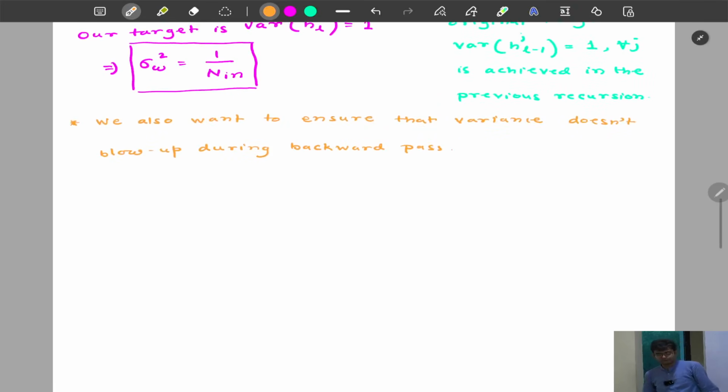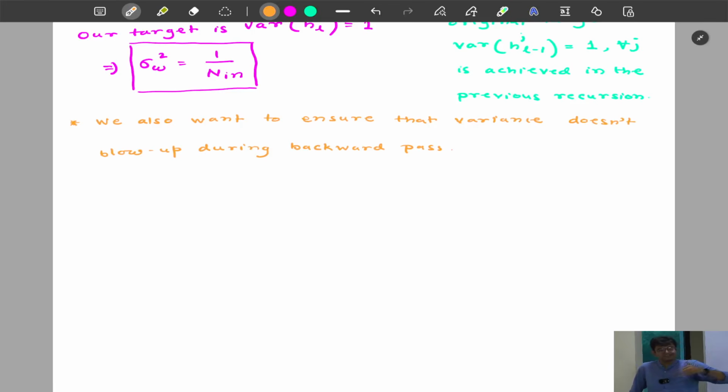Now, I am not going to show this calculation, you can do it on your own. But what do you think it is going to give us? Because now the variance will be calculated from the other side, right? Because of back propagation, chain rule. So intuitively, it will give 1 by n out. Because in this direction the input was n in, so it was giving 1 by n in.